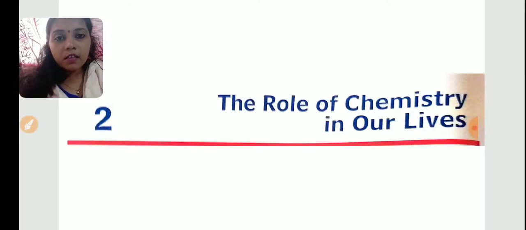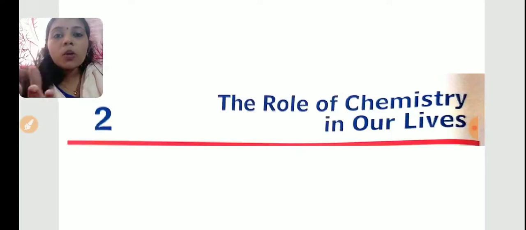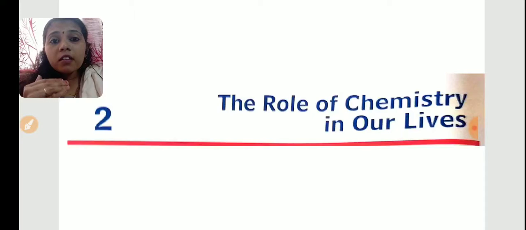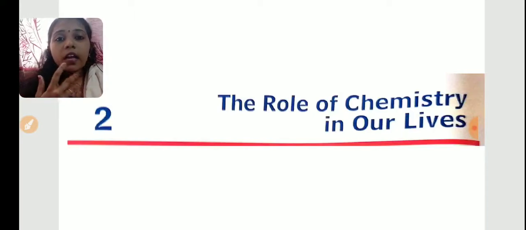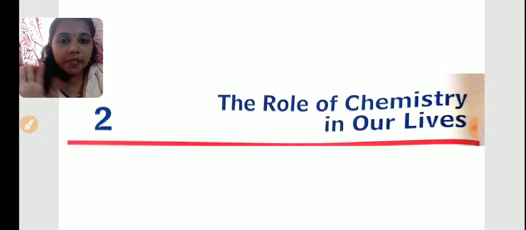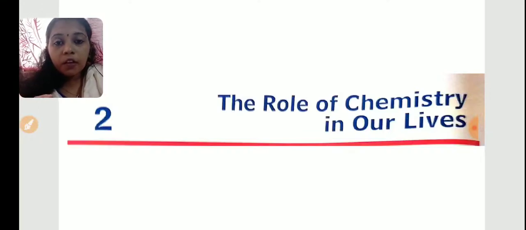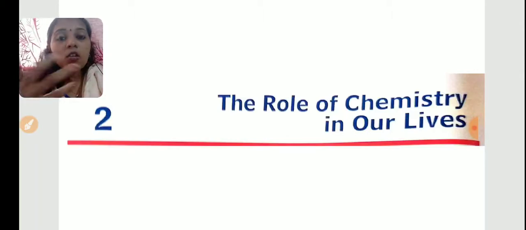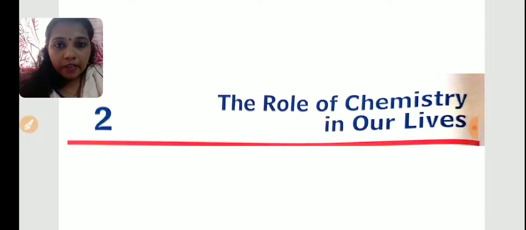What are fertilizers? Fertilizers are those chemicals added to the soil to improve the quality of the soil. Nitrogen is a very important thing for the growth of a plant. If important nutrients like nitrogen or phosphorus are absent in the soil, we have to supply them externally. We add some chemicals into the soil so that nitrogen, phosphorus, magnesium, etc. will increase.